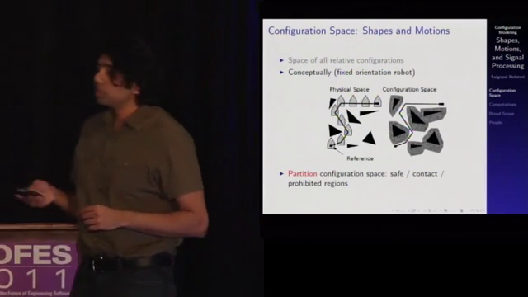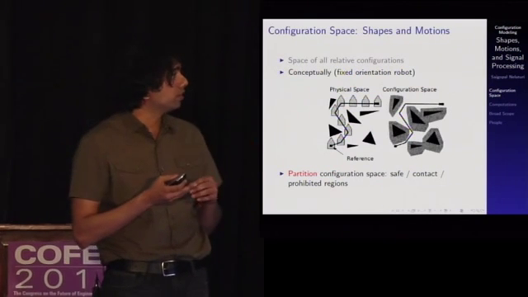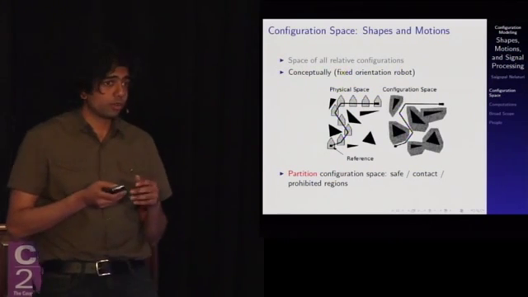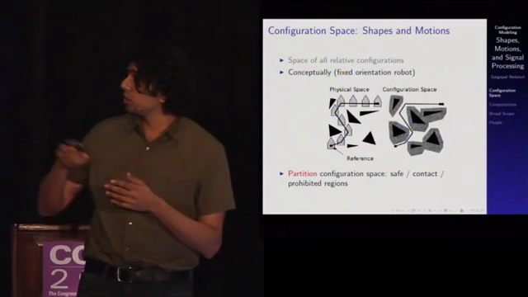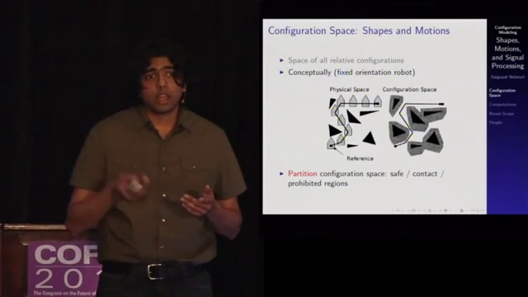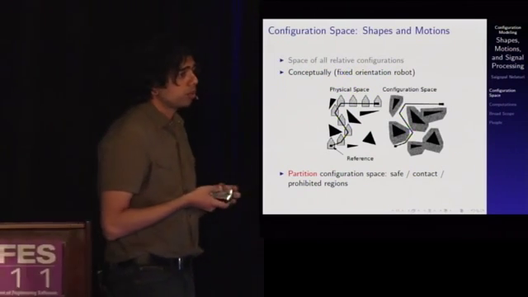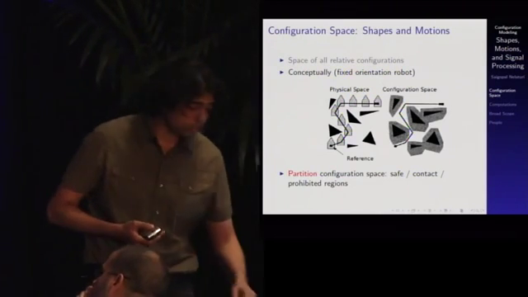Once you have this construction, the configuration space is partitioned into three disjoint regions corresponding to the safe, contact, and prohibited regions. The safe regions are everything in white. The contact regions are the boundaries of the gray shapes, and everything inside the gray shapes corresponds to obstacle space or the prohibited regions, where there's going to be interference.